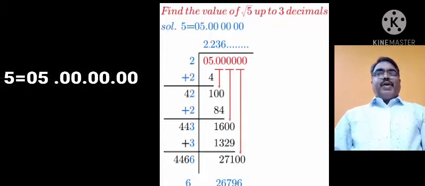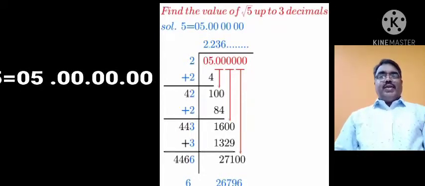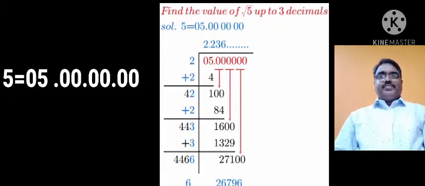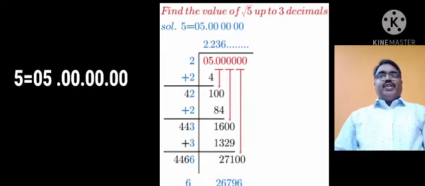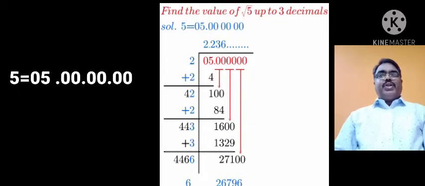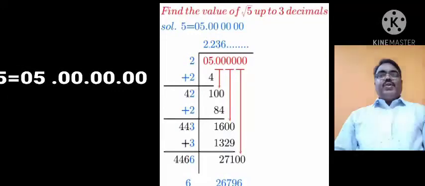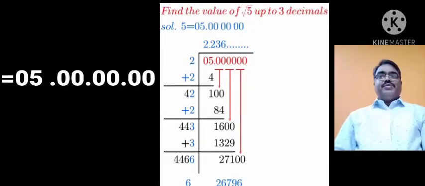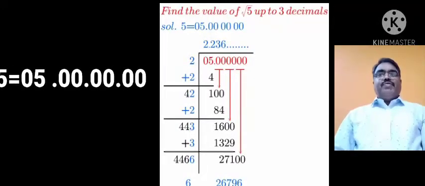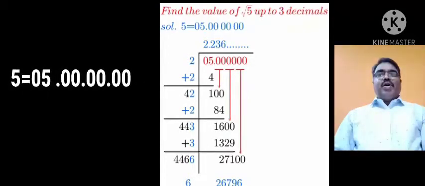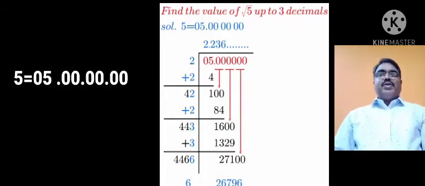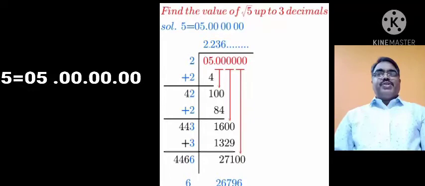Take pairs of zeros. Here 3 pairs of zeros are taken. Since you have to find the value up to 3 decimal places, you have to take 3 pairs of zeros. If you want to find its value up to 4 decimal places, you have to take 4 pairs of zeros.